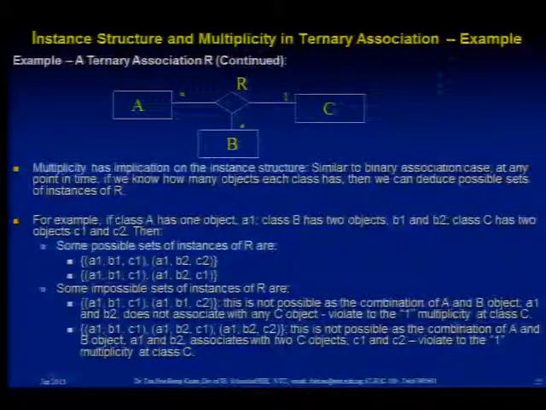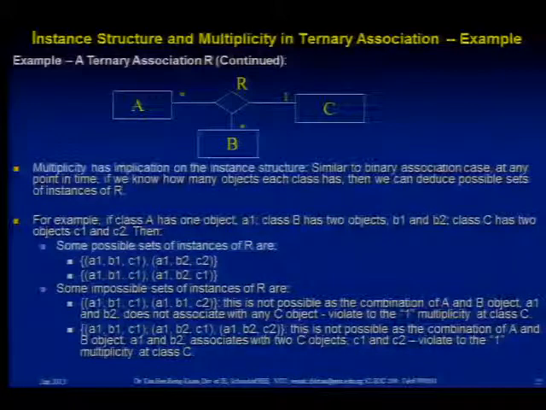Okay. Likewise, B2, C1. B2, C1 is not here. It's not in here. It associates with 0. And B2, C2 is in the second tuple. Only in 1 tuple. It associates with only 1 A object. So that is okay. 1 is within 0 to many. That means some BC combinations associate with 0 A objects, some BC combinations associate with 1 A object.